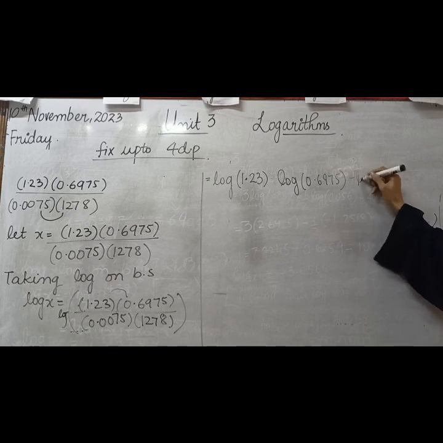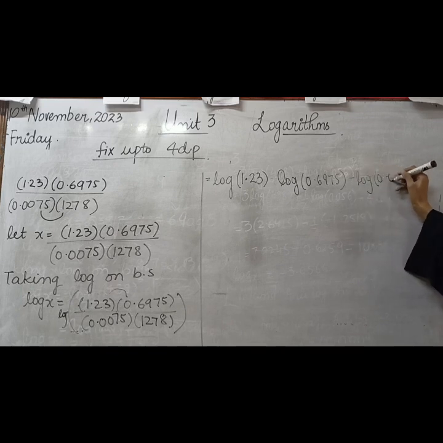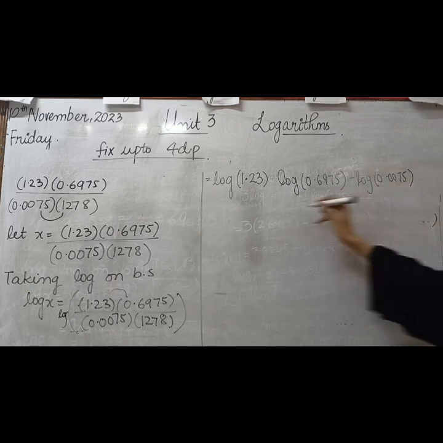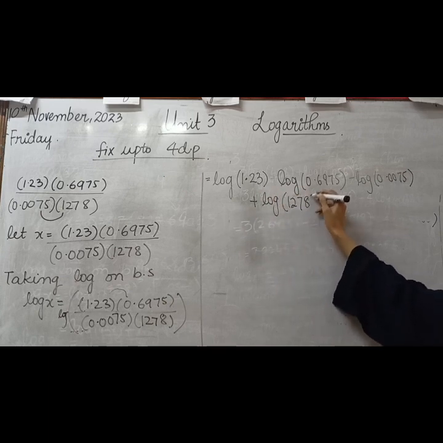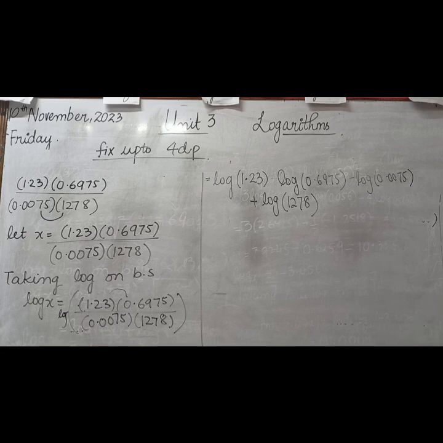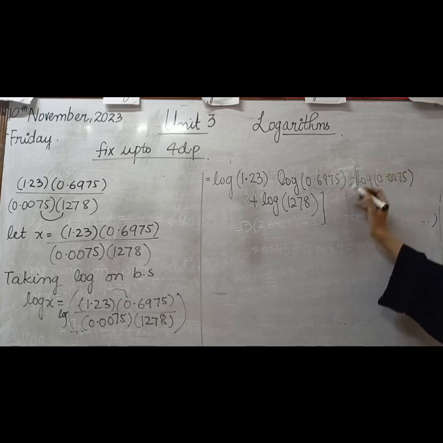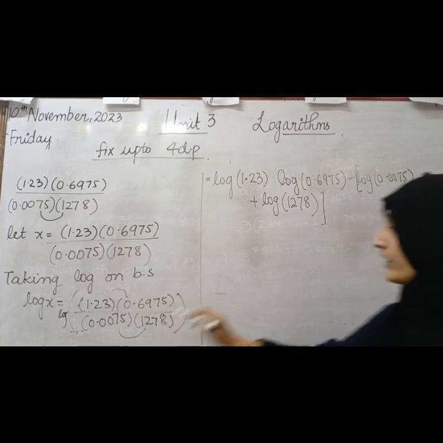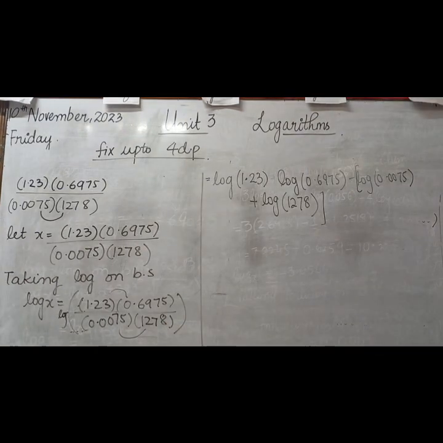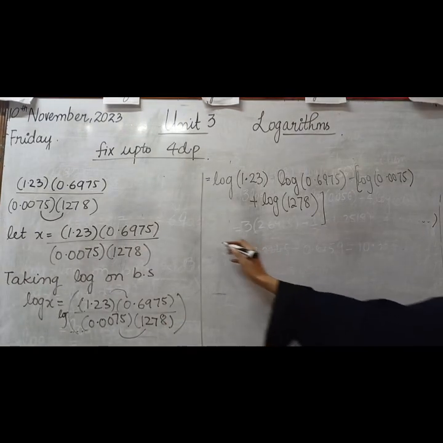Can I write minus log of 0.0075 and plus log of 1278? Is it the right way? No. This is not the right way. You have to write the bracket here. This minus sign shows that the terms are from the division, from denominators, and as they are multiplying, so we will add these two.